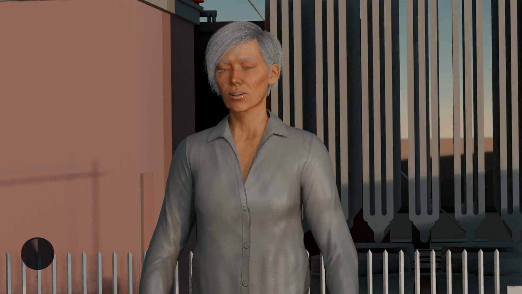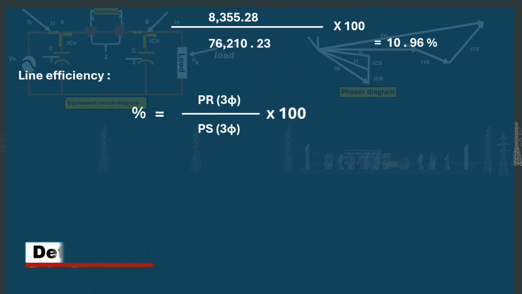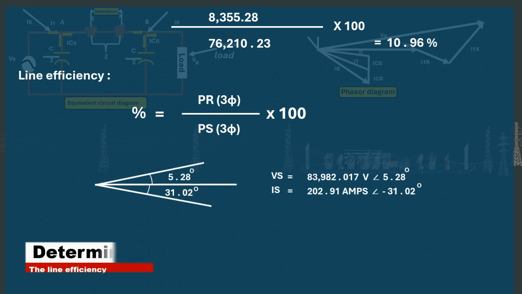Finally, the efficiency of the line can also be calculated. So it is the power at the receiving end all over the sending end power times 100. But before we can proceed with our calculations, we will need to calculate the phase angle, which is the algebraic sum of both the sending end voltage angle and the sending end current angle.